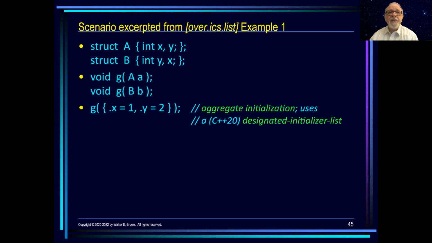These are very simple types. They're aggregates, so aggregate initialization applies. And further, instead of just saying 1, 2, we're using what's called a designated initializer list. So this is valid C++20.